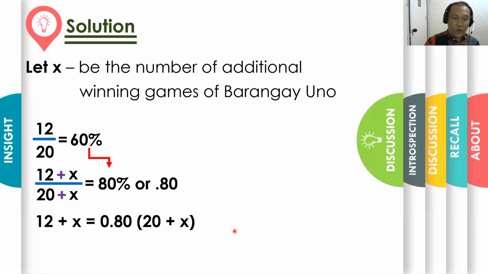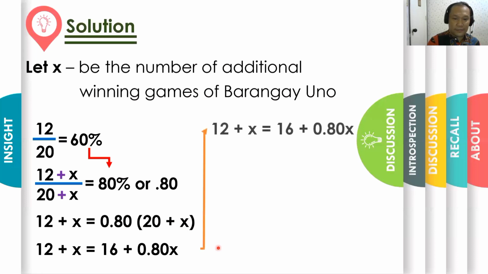Then we are going to apply the distributive property for 0.80 multiplied to our quantity 20 plus x. Thus, we do have 12 plus x is equal to 0.80 times 20 is 16, 0.80 times x is 0.80x.